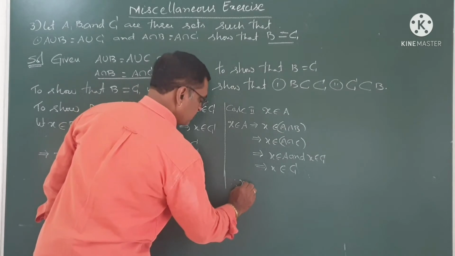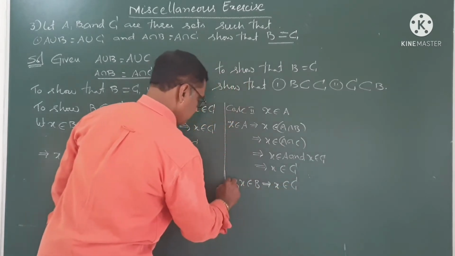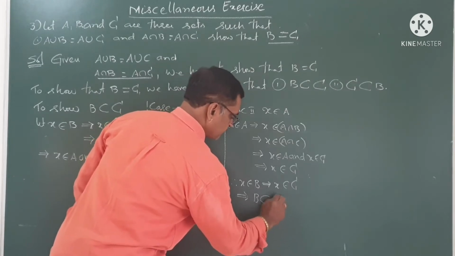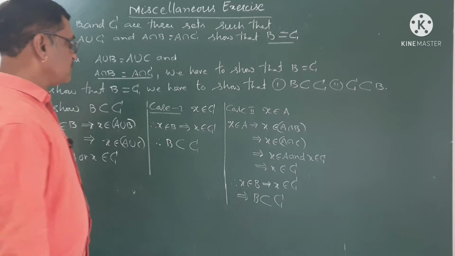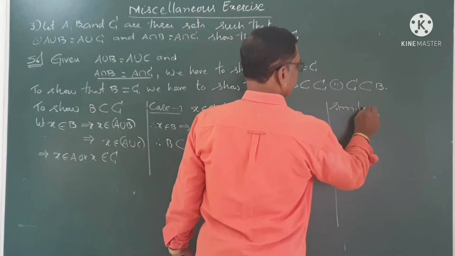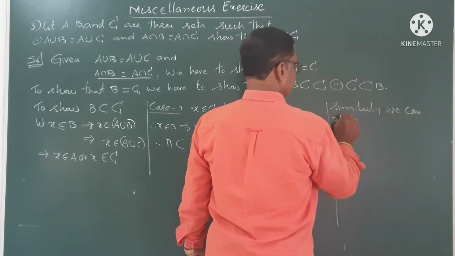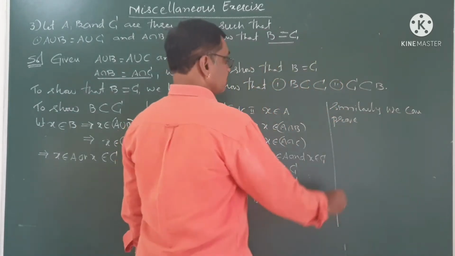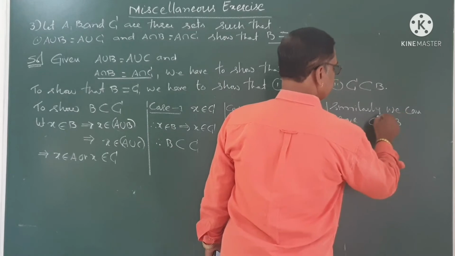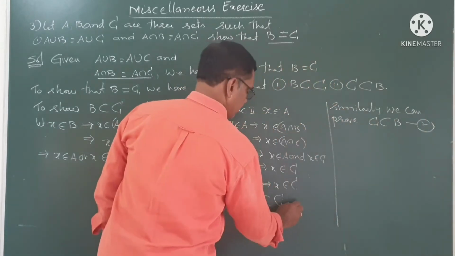Therefore, x belongs to B implies x belongs to C. This implies B is a subset of C. Similarly, we can prove C is a subset of B. This is number 2 and this is number 1.